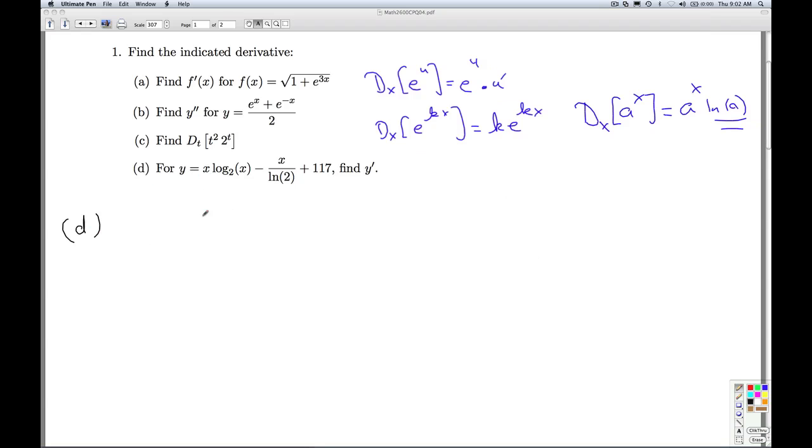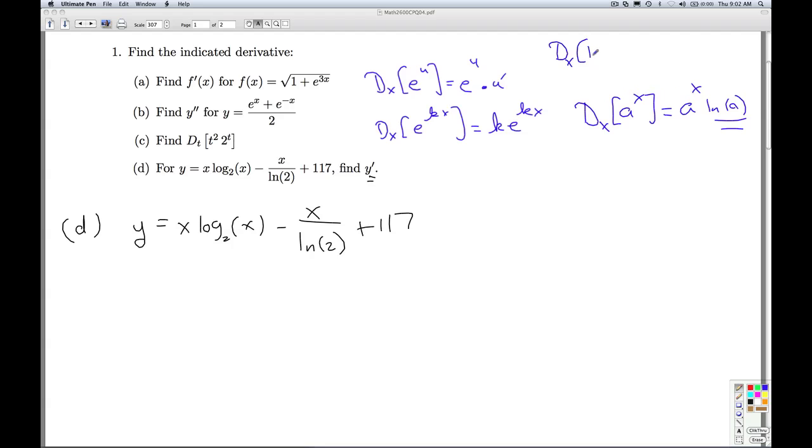Alright, now part D, we're given y equals x log base 2 of x minus x divided by the natural log of 2 plus 11d7, and we're asked to find y prime. So, how do we take the derivative of log base 2's?